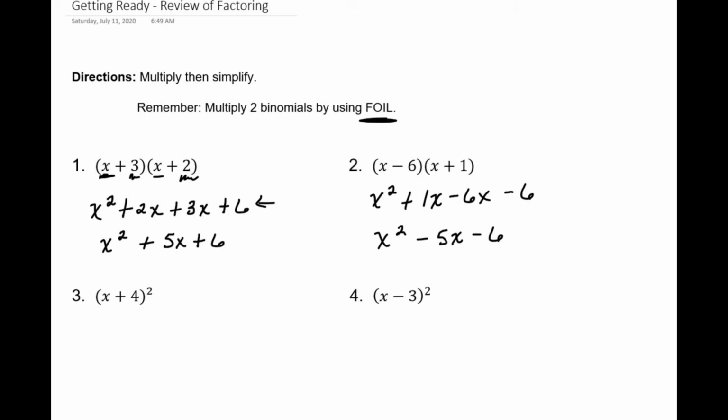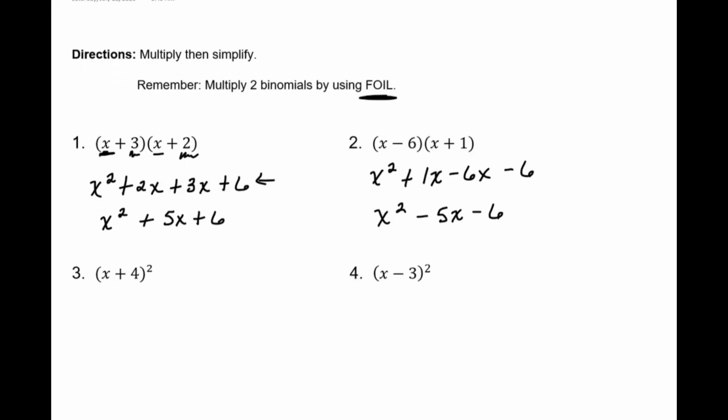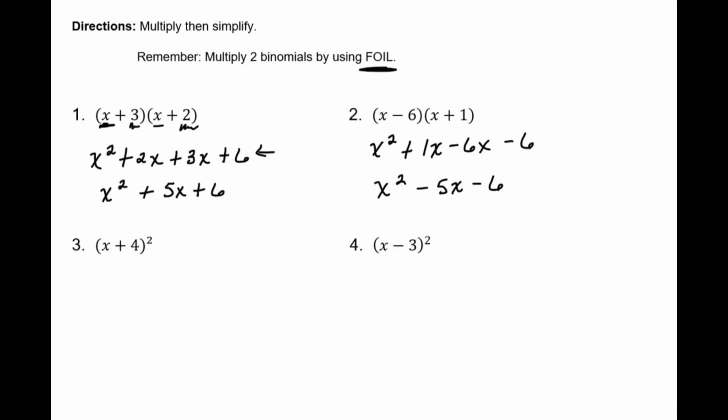Okay, problem 3 and problem 4 are here for us because later on we're going to do some really long math problems where these types of things are going to show up, and it's just a little part of a great big math problem, but this is where students usually make the mistake. This x plus 4 quantity squared means x plus 4 times x plus 4, and it helps to write that out.